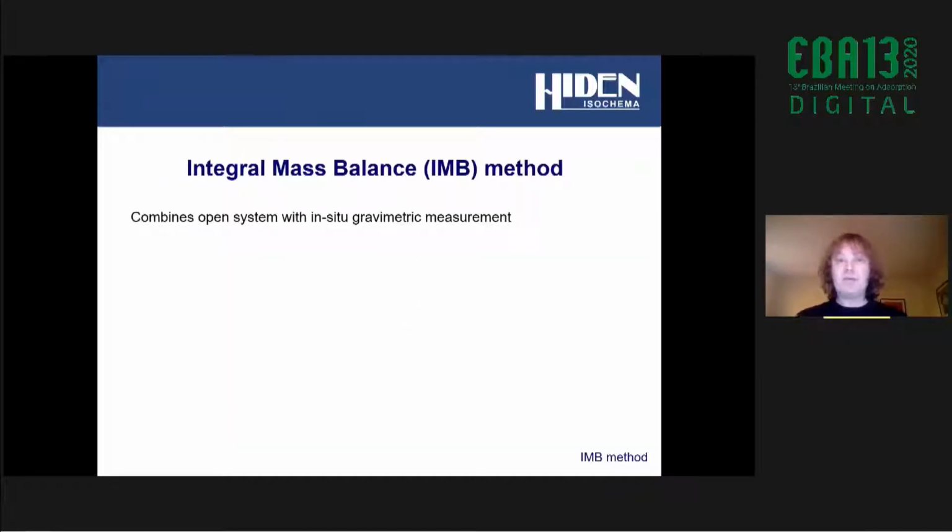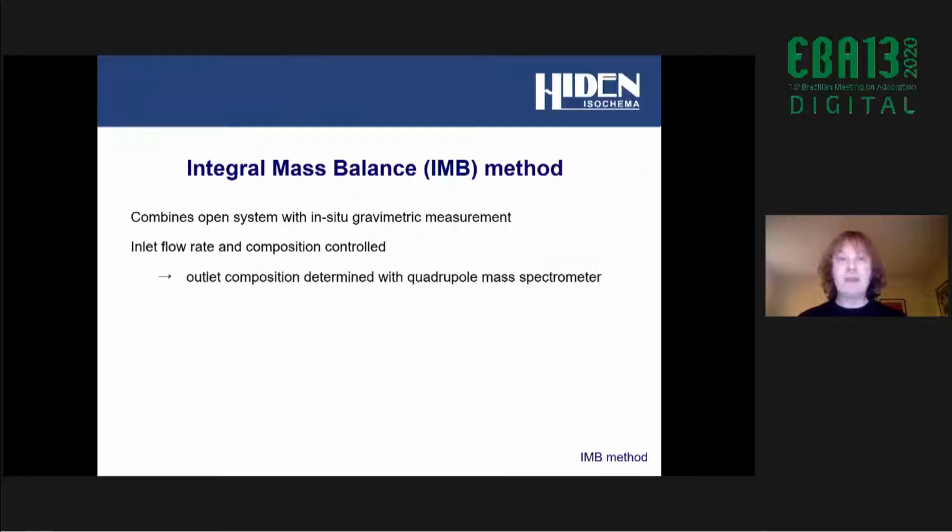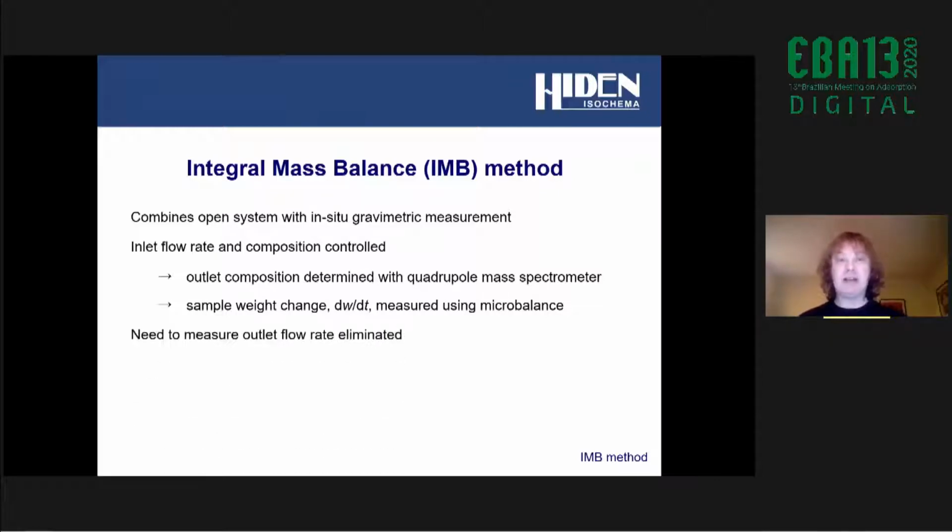So the integral mass balance method that we've now developed combines an open system with in situ gravimetric measurement. So we control the inlet flow rate and the inlet composition, and then we determine the outlet composition using a quadrupole mass spectrometer. At the same time, we measure the sample weight change as a function of time, dW by dt, using a microbalance.